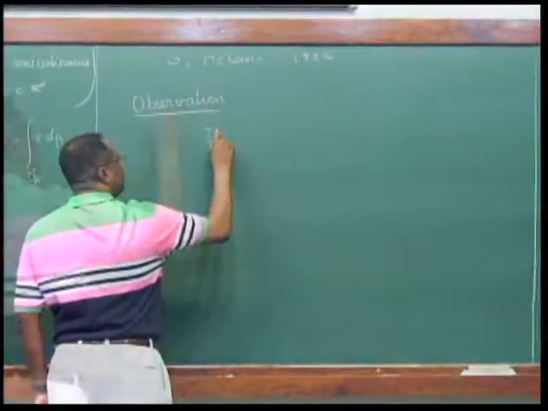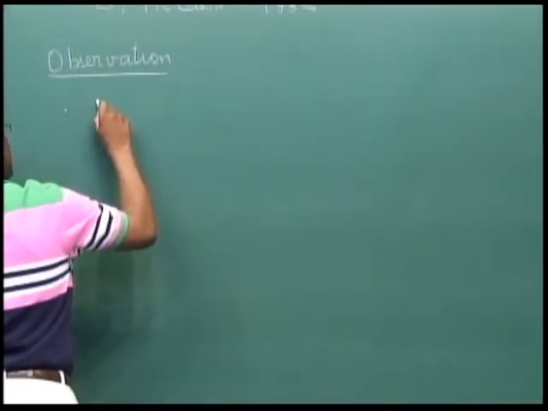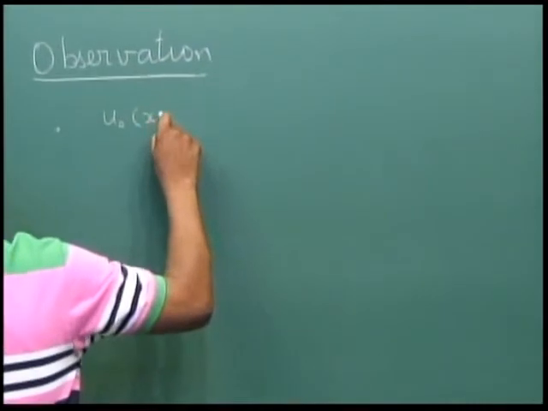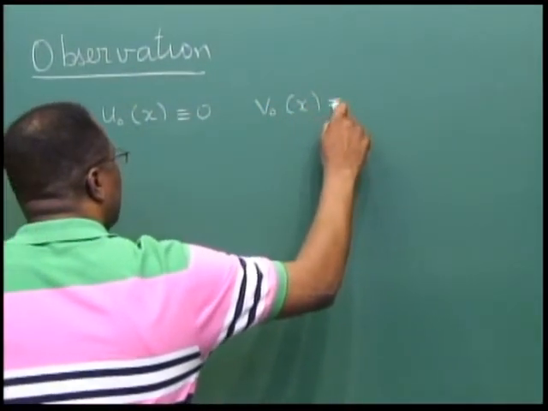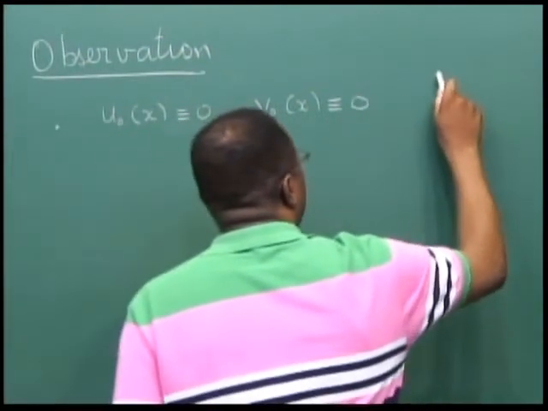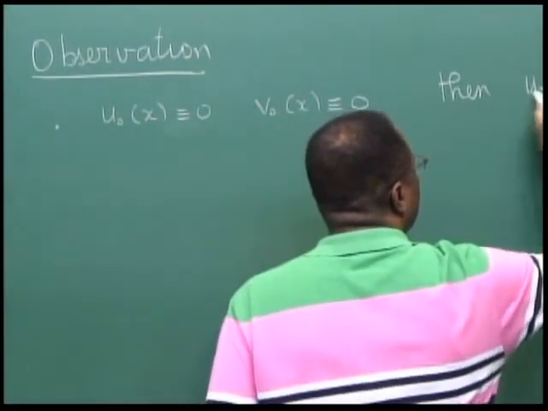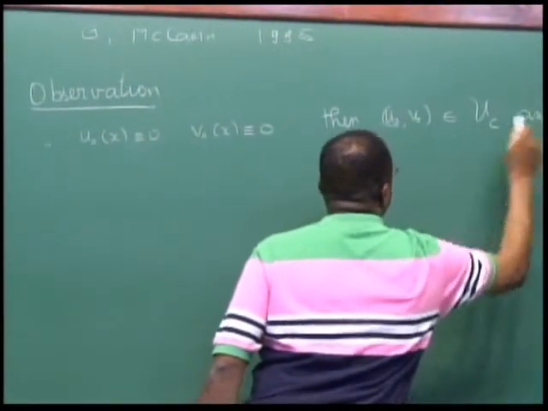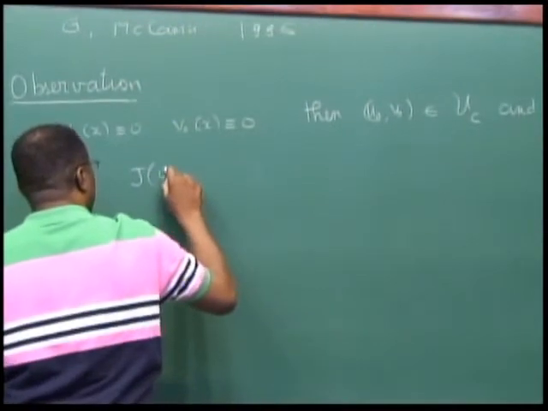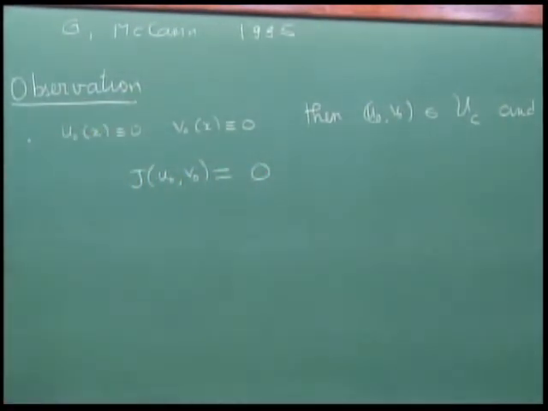J of 0, 0, first of all, if I set u naught of x to be identically 0 and v naught of x to be identically 0, then u naught, v naught is in UC, and J of u naught, v naught is 0.